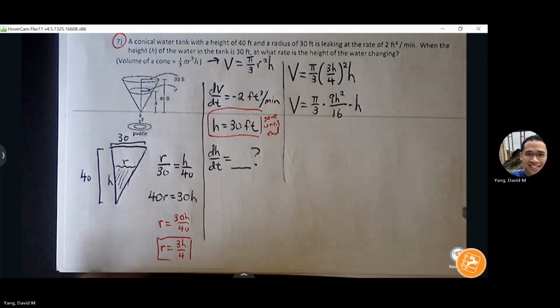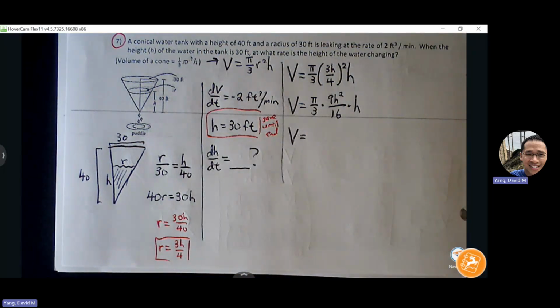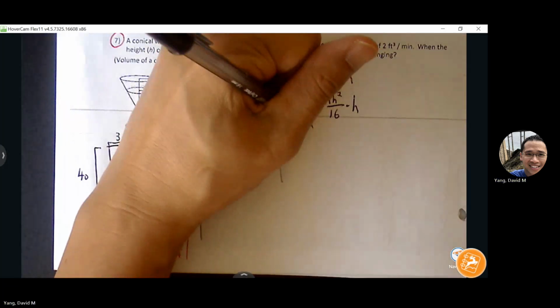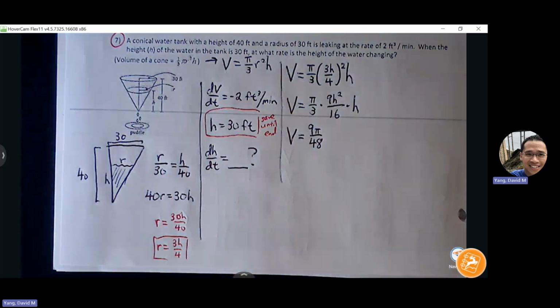Still not ready. If I push all the fractional coefficients together, what is that? What if I separated these two things? What about just the fractional numbers? 9 pi over 48. Then if I merge the h's together, I get h cubed.